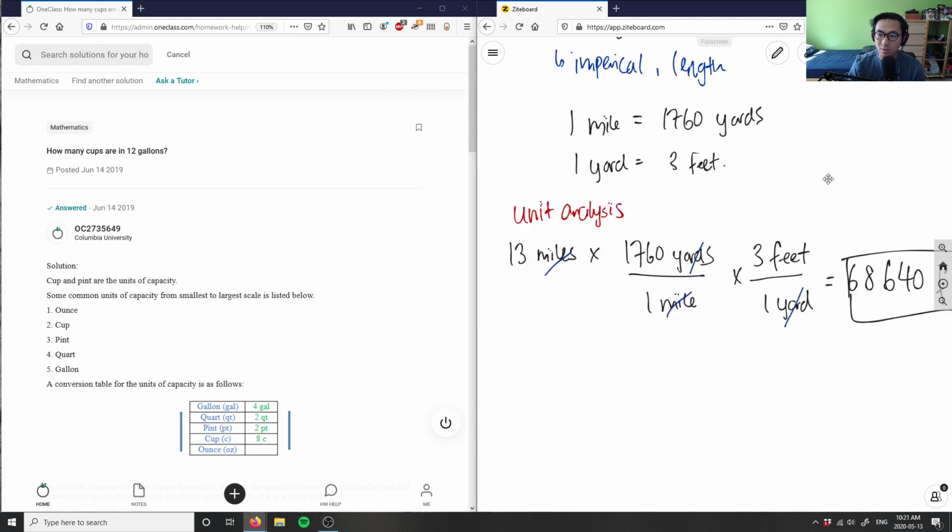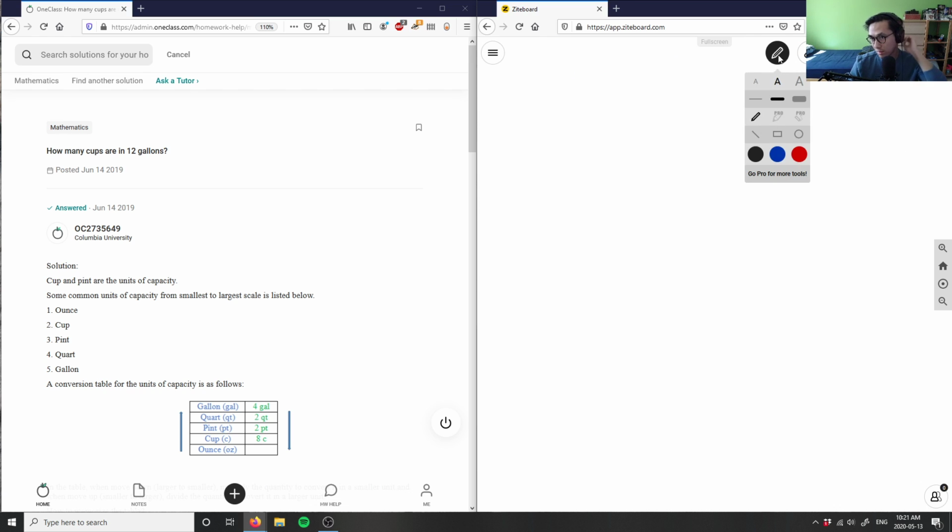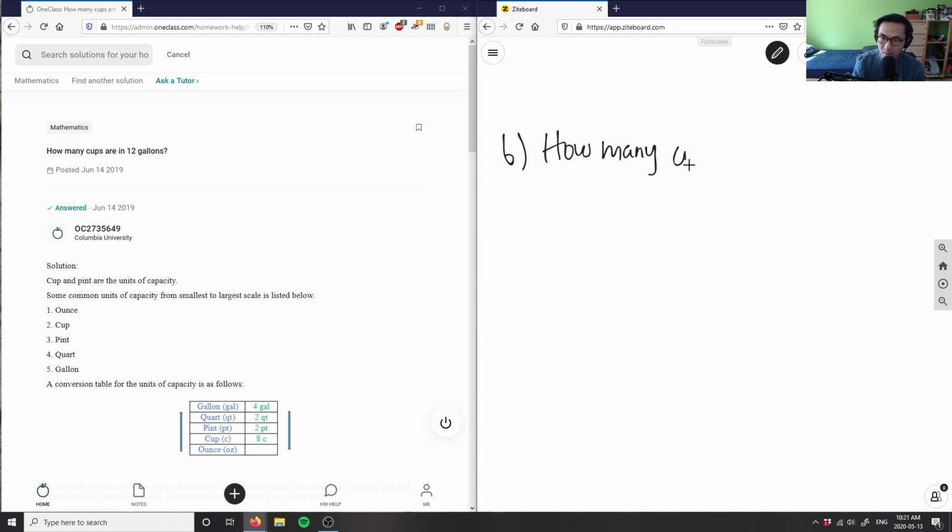Okay, number 6. This here is another unit analysis problem. This one is slightly harder in terms of unit analysis, but it's asking us how many cups are in 12 gallons here.